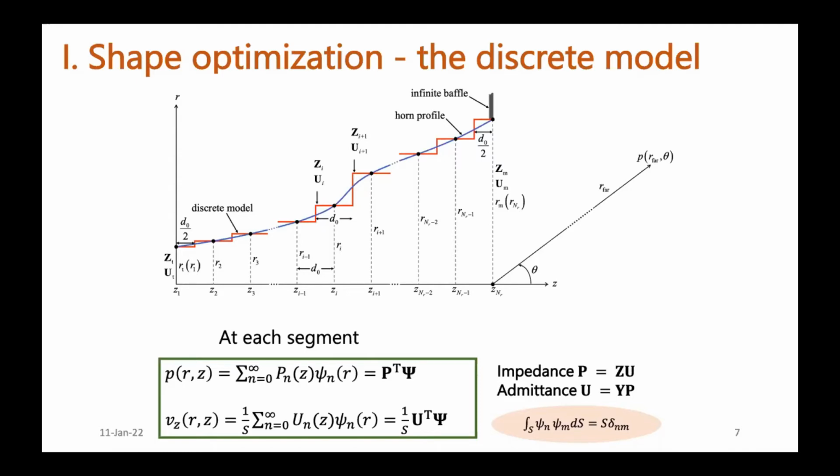It is an analytical solution, and these orthogonal bases exactly satisfy the boundary condition. And we can also define at every point in the discrete model the impedance matrix and the admittance matrix to connect the pressure and volume velocity modal vectors.